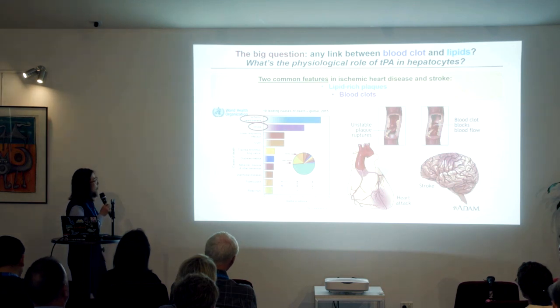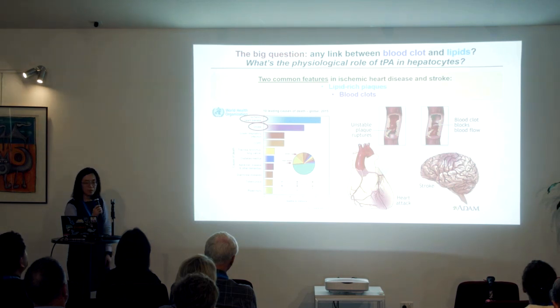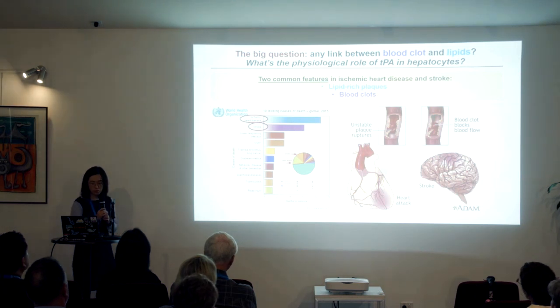So the bigger question we are interested in is, are blood clots and lipids just coincidentally occurring in those two diseases, or is there a mechanistic link connecting the two processes? And specific to our study, what is the physiological role of having TPA expressed in the hepatocyte? Does hepatocyte TPA just provide another basal cellular source of TPA?